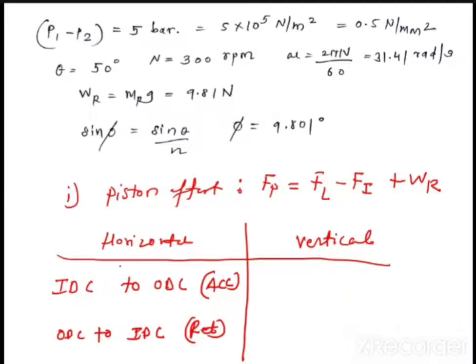Now just tell me, in case of the horizontal engine, when the piston is moving from IDC to ODC, accelerating, so what do you take, plus sign or minus sign? Be fast. Minus sign. Okay. And when piston is moving from ODC to IDC, plus sign.